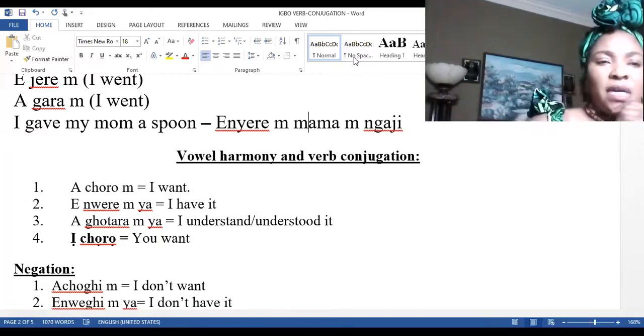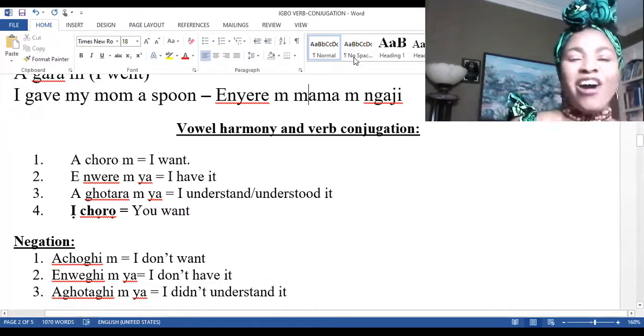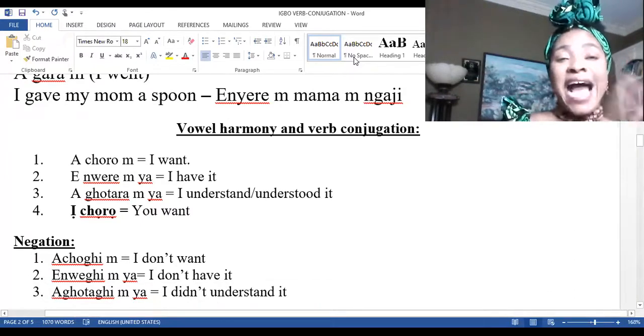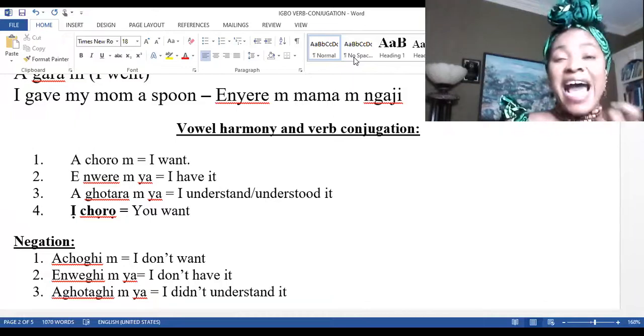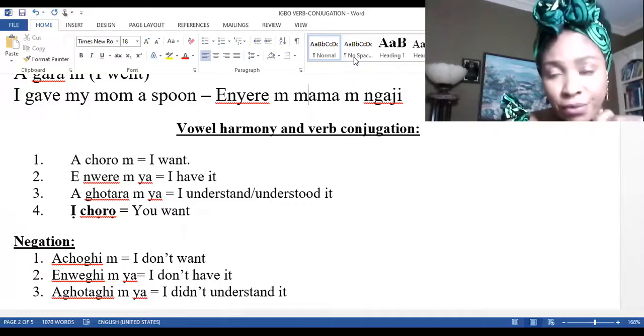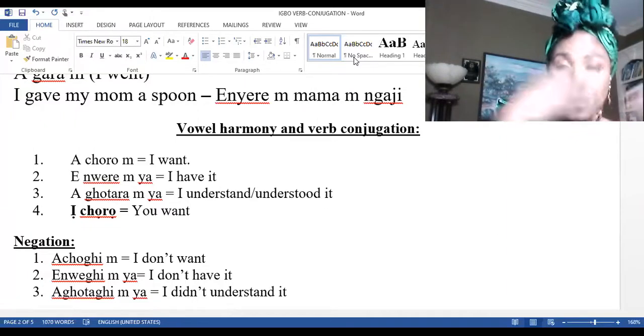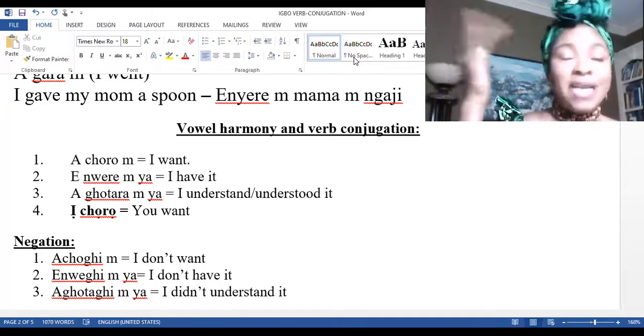All right, now, aghọtara m ya. I understand, or I understood it. I understand what I do. See, aghọtara m means you got it. You understood what the person is saying.